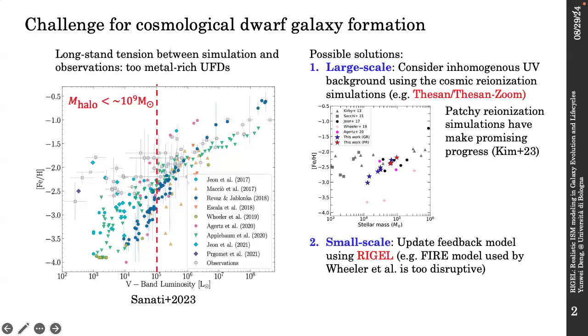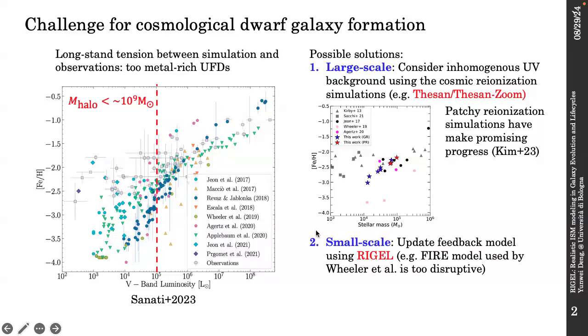And secondly, on the small scale, improving the feedback model is also crucial for solving this problem. For instance, the FIRE simulation, maybe these yellow dots, has extremely low metallicity for these ultra-faint dwarf galaxies. This is likely due to the overly strong and very disruptive feedback in the FIRE model. So this is where our RIGEL model comes into play, offering a significantly better feedback model.